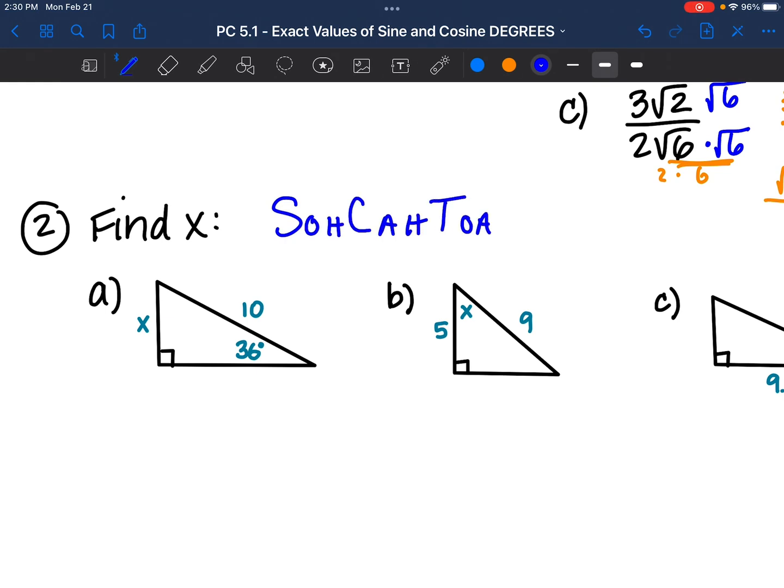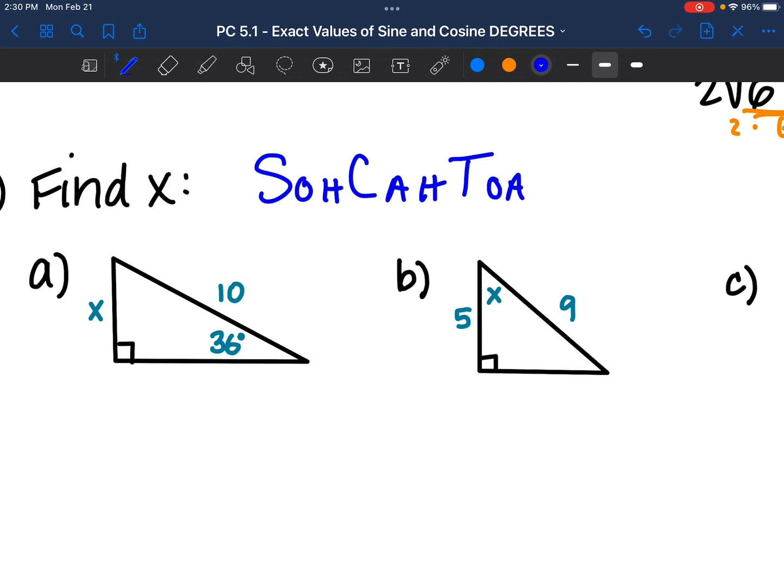SOHCAHTOA. Some of you are going to remember this pretty easily. Others, watch some instructional videos. Look it up on YouTube if you've forgotten this. In reference to 36 degrees, we've got our opposite over hypotenuse, so we're going to use sine. We write sine of 36 equals opposite over hypotenuse.